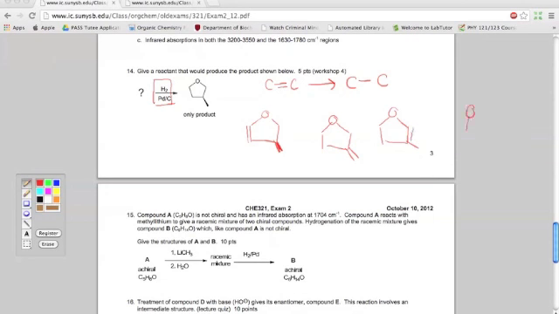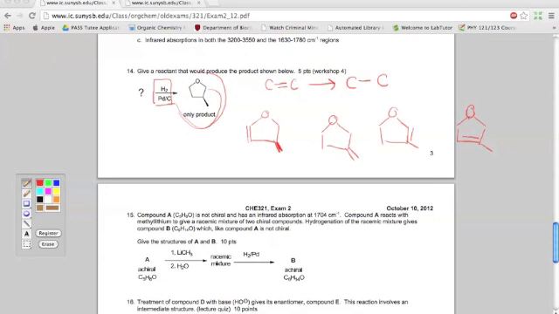Okay, now the key part in this question is it says that they want this as the only product, as in you don't want to get any other side products.